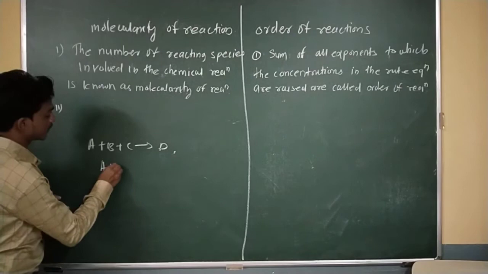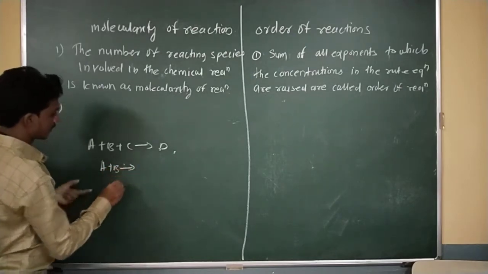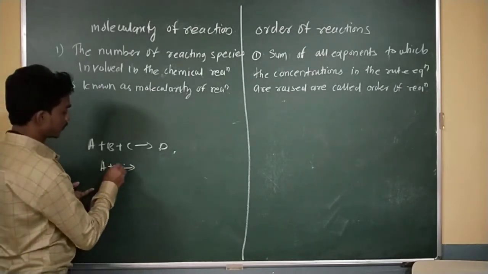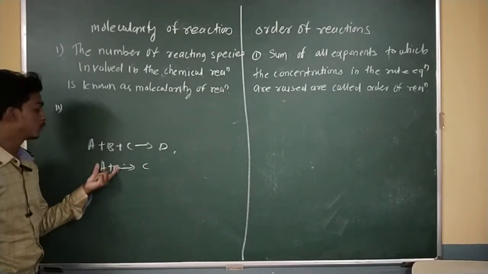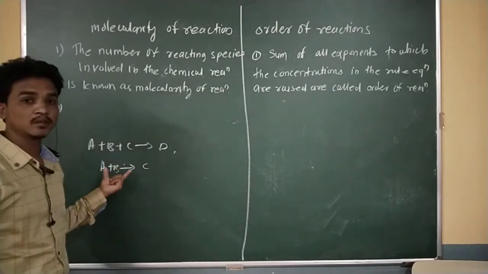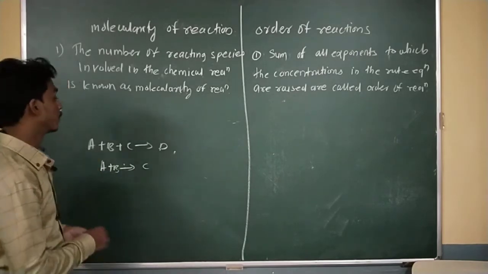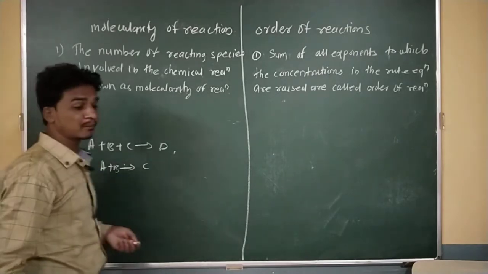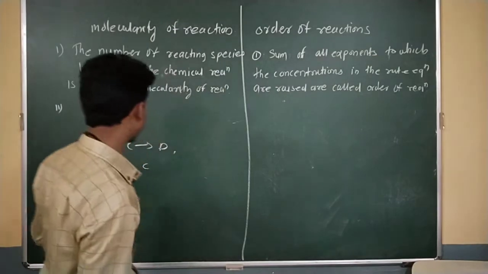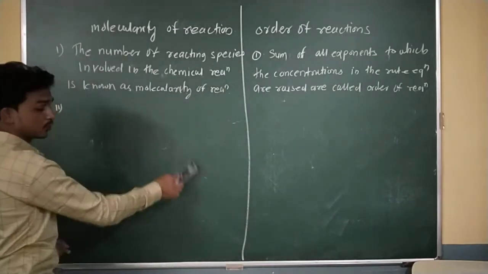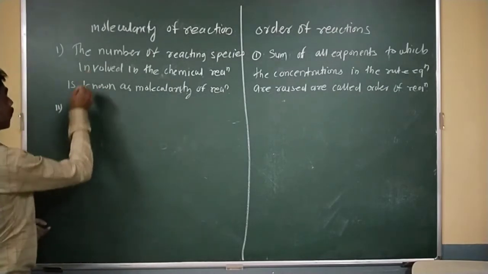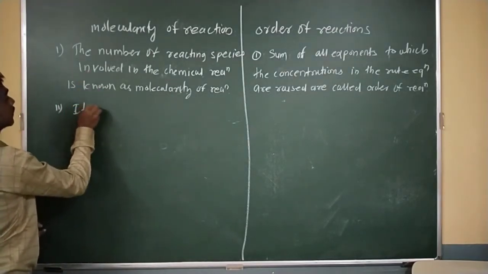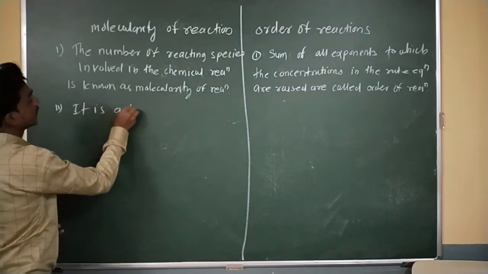If the reaction is written as A plus B gives product C, the molecularity is 2 and it is bimolecular. So molecularity is a theoretical property.